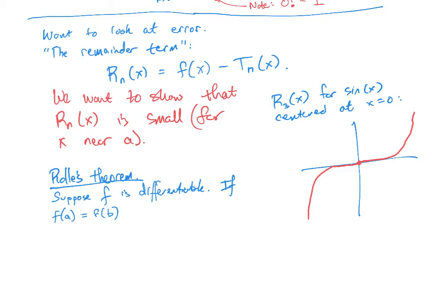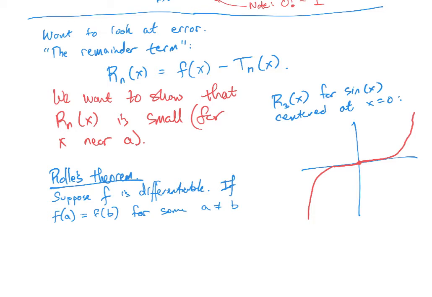So differentiable implies continuous. So we don't need to say continuous, we just need differentiable. If the function has two values where f of a equals f of b, those have to be different points. Oops, that would be quite funny if I wrote that. Anyway, this has to be different points.